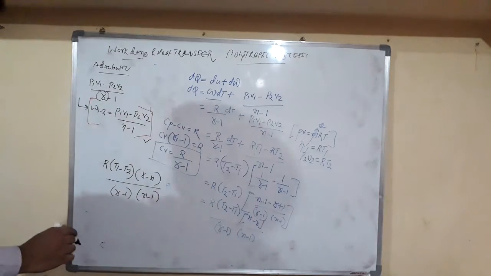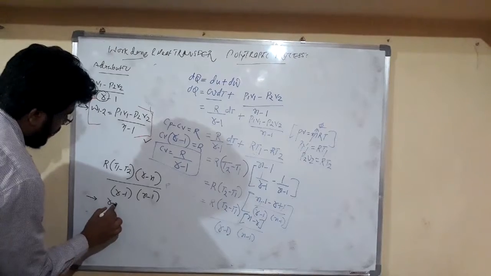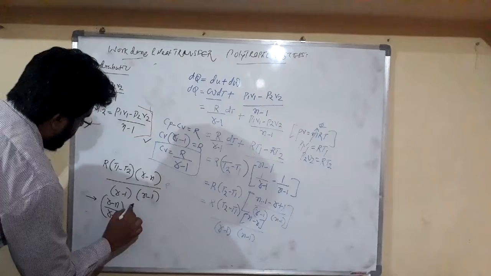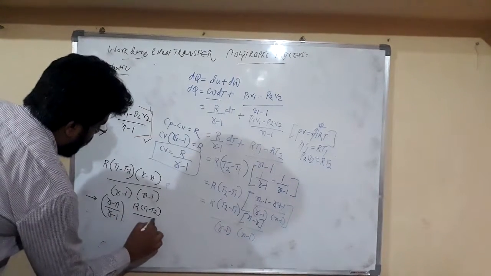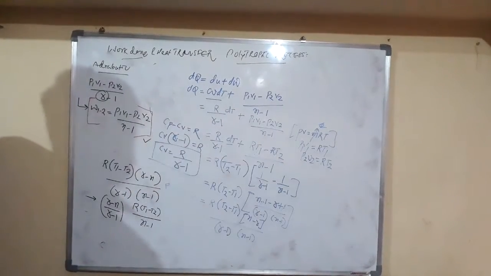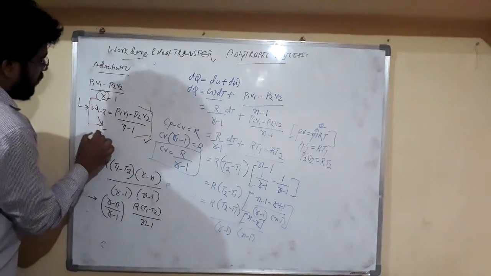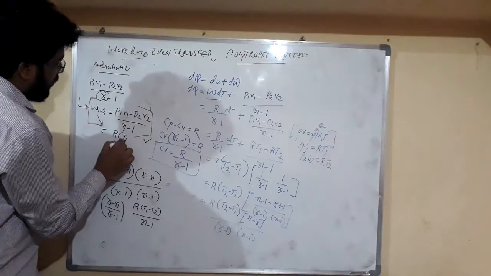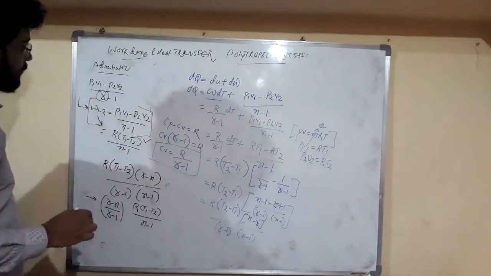Dear friends, we are rearranging the equation: (gamma minus n) upon (gamma minus 1), and here R(T1 minus T2) upon (n minus 1). Friends, as we know, W12 is equal to PV is equal to mRT, so we can write it as R(T1 minus T2) upon (n minus 1).